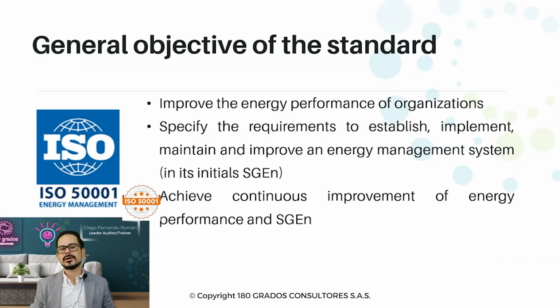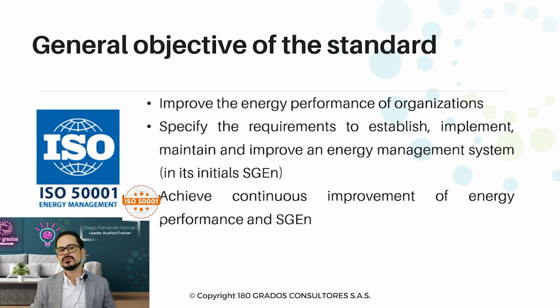So, moving forward, let's discuss the objective of the ISO 50001 standard. The primary goal of this standard is to improve the energy performance of organizations. It provides a framework for managing energy performance and addressing energy costs while also helping to reduce environmental impact.